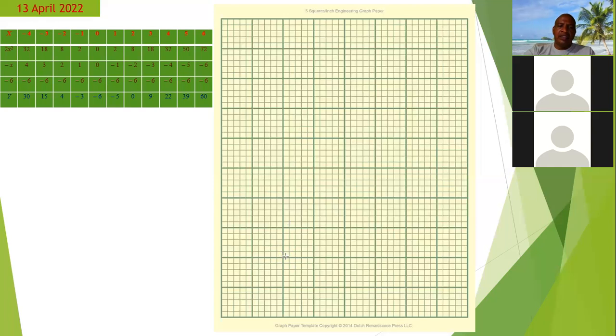So all we need is 2 boxes to the left. And for the other one, we need 3 boxes to the right, because we're counting by 2. So that means I could put my y-axis right here and then have enough space to go over to the left and go over to the right.